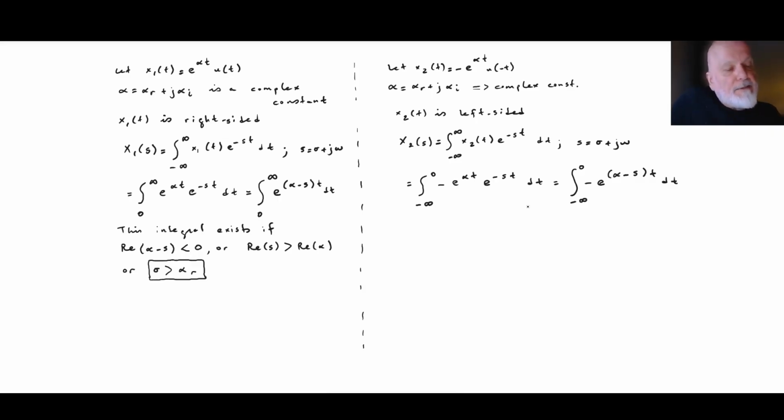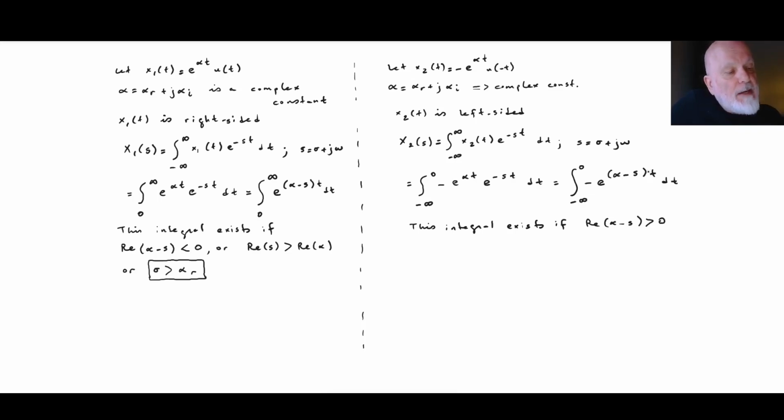Now let us look at the other problem, the left-sided signal. Again, this integral exists if the real part of alpha minus s is positive. Why? Because, again, we require an exponential decay as t now tends to minus infinity.